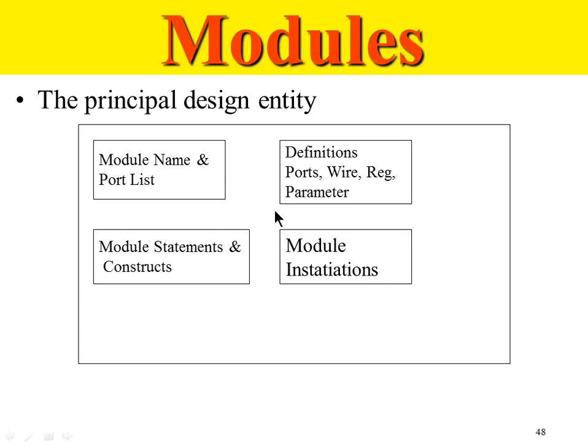So one module can have other module instantiations. Typically speaking, you should not have one Verilog file having multiple modules. It is technically allowed, but you should not do that because that's not a good design guideline. It's always good to create a separate Verilog file for each module.